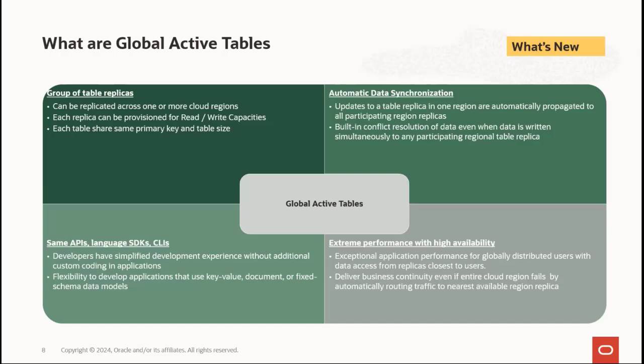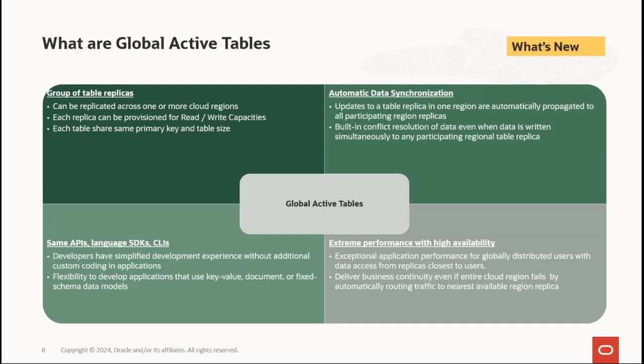The way that you can create your active tables is through a simple set of APIs and SDKs and CLIs. For those customers that already have an application, that application can start using a global active table immediately with no changes to the application. So in that case, what you would do is create the global active table via the console, and then your application could currently use it.